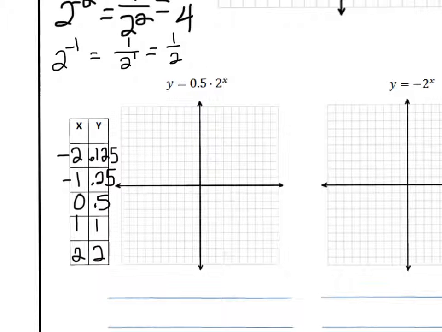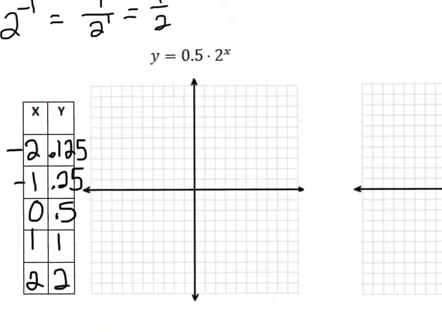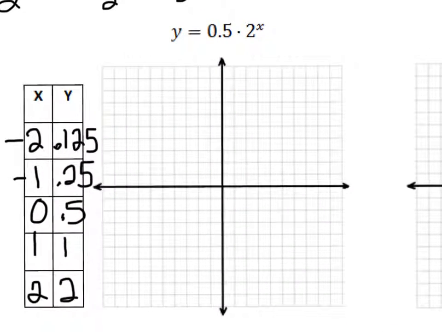So negative 2, and then 0.125 is going to be just above that.